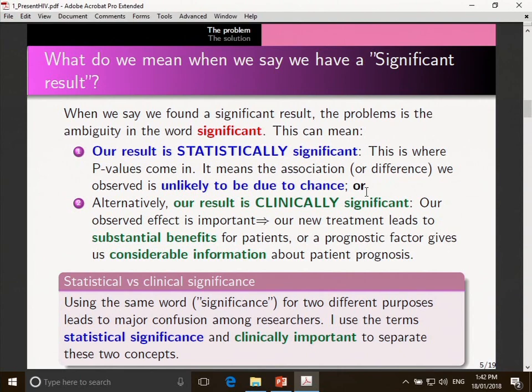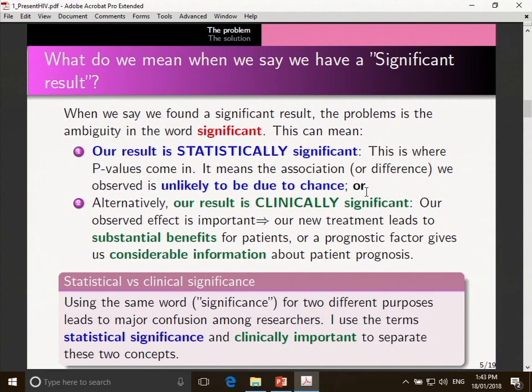Alternatively, our result might be clinically significant. And what that means is our observed effect is important. So for example, our treatment leads to substantial benefit in terms of patient outcomes, or a prognostic factor might give us considerable information about a patient's prognosis.